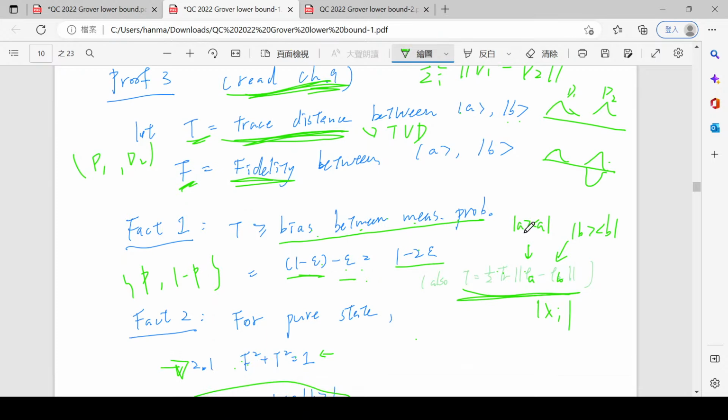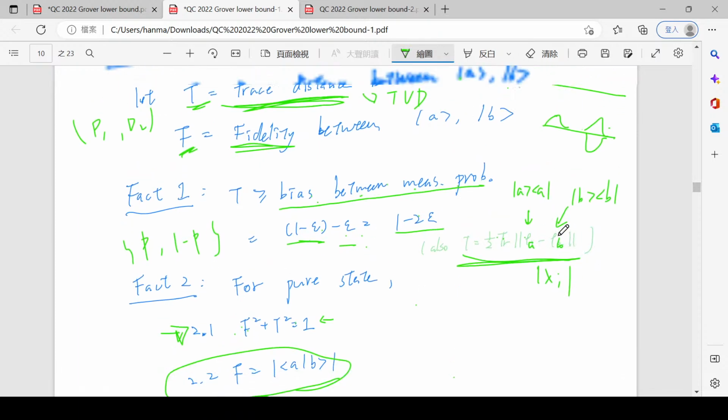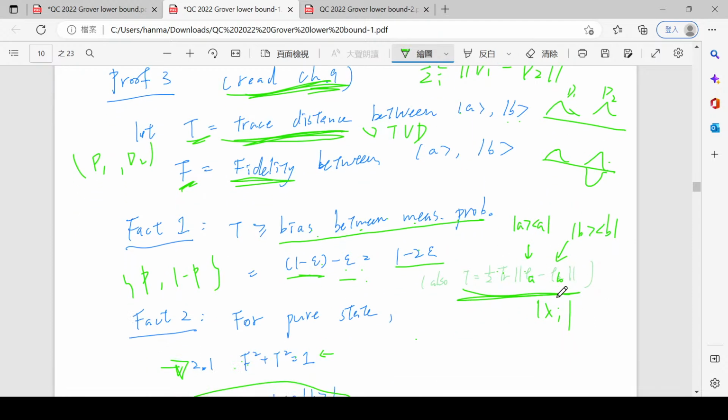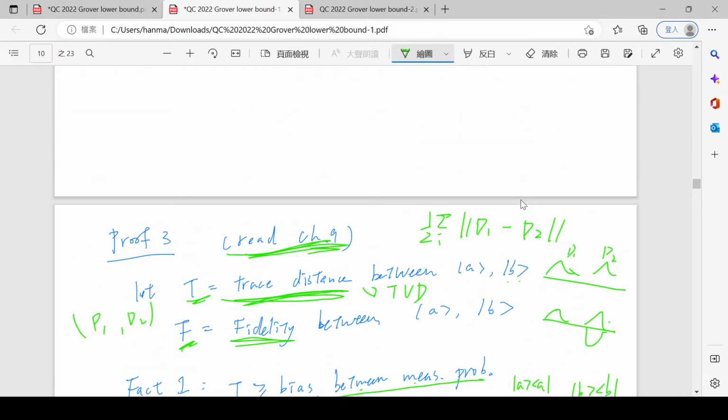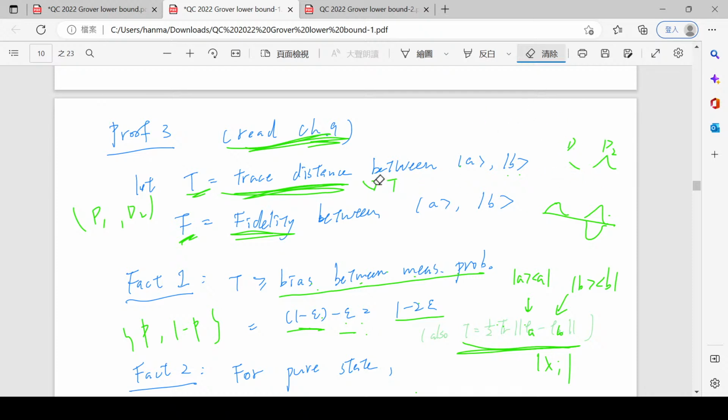You generalize this to quantum: instead of the difference between the distributions, you have the distance between density matrices. So you have the density matrix of the first state and the density matrix of the second state. You take the difference and the absolute value, then trace, then divide by 2. So that's trace distance. And we use the fact that it has a very operational interpretation.